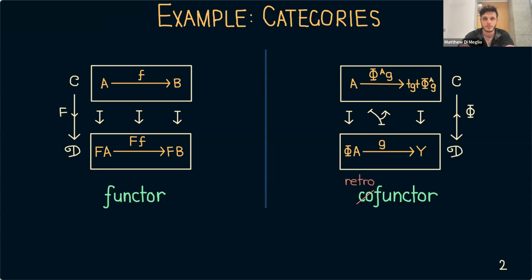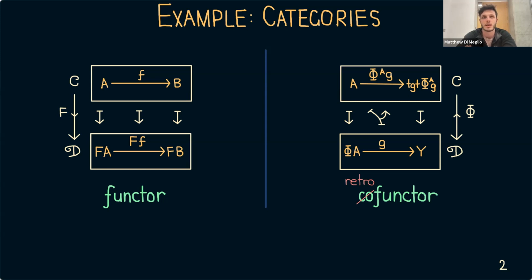You're probably wondering why I've crossed out the co and replaced it with the word retro. In this talk, I'm trying out a slightly different name for cofunctors. I think it's generally accepted that the name cofunctor isn't the best name, because it isn't a functor between opposite categories, nor is it a contravariant functor.